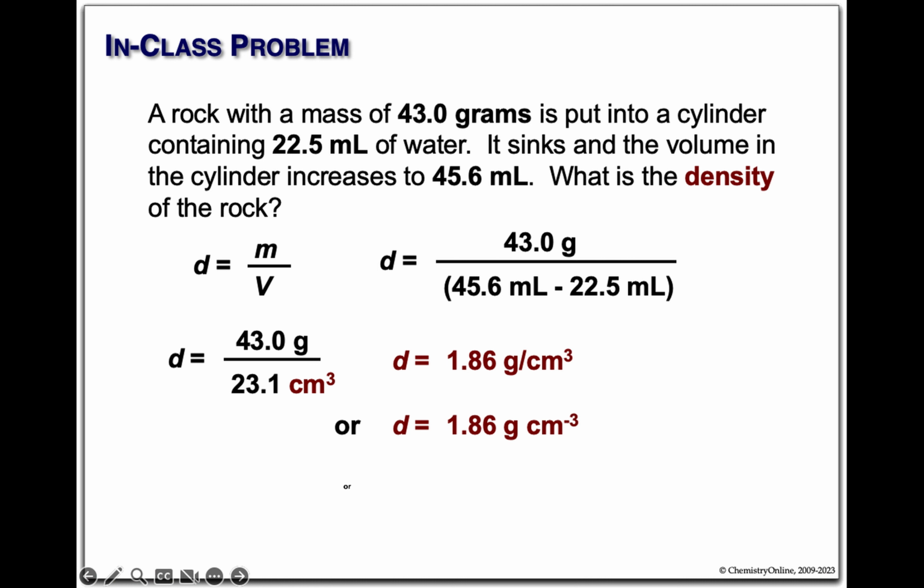Sometimes, instead of the slash, you will see grams, centimeter, minus 3. Same thing. Or we could also express this as grams per milliliter. But it's a solid rock. Typically, cubic centimeter is what you want. Any questions?